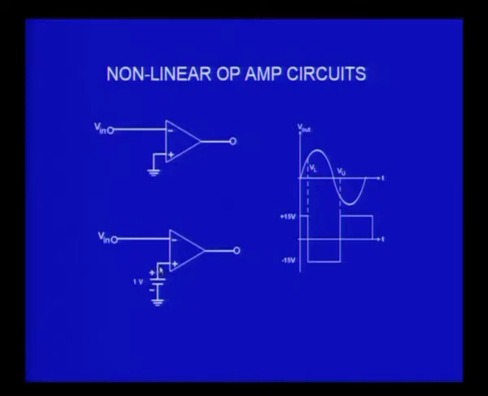Then over this 1 volt, when it exceeds by 140 microvolt, the output will become minus VCC, and when this input becomes less than 1 volt by about 140 microvolt, then the output will go to plus VCC. So, this VL and VU will now be shifted from simple plus or minus 140 microvolt to 1 volt plus or minus 140 microvolt. So, then the transition point can be shifted wherever you want.